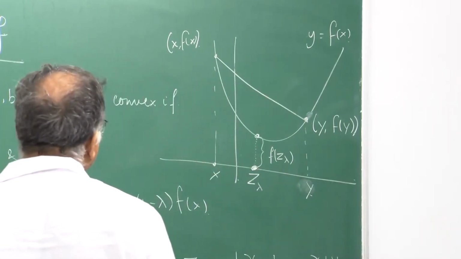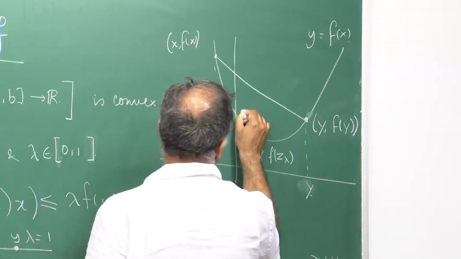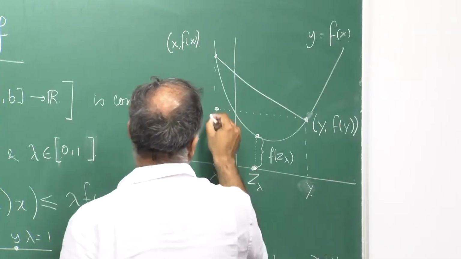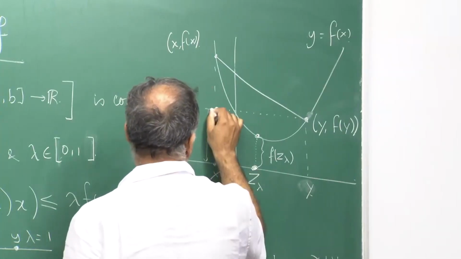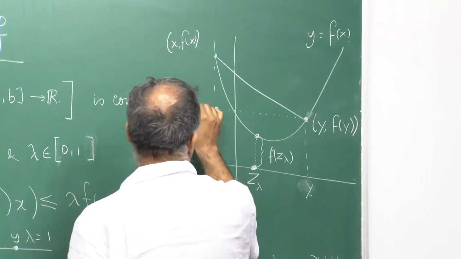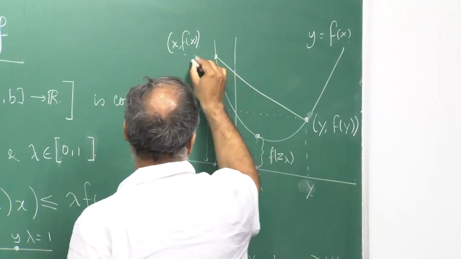And what is lambda f of x and lambda f of y? So, this is my f of y value, this is my f of y and this is my f of x.